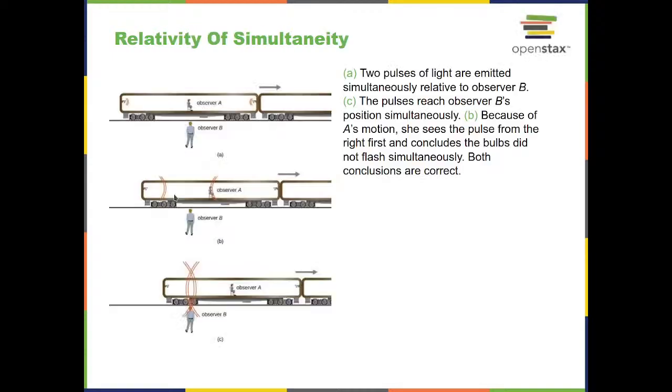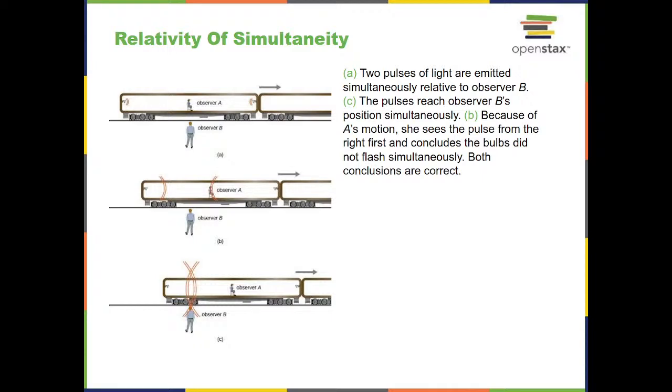So observer A says, well, the speed of light in vacuum, let's assume that this person is in vacuum, which is of course not realistic, doesn't depend on the direction, or on the inertial reference frame. So the speed of light must be the same for the light that is emitted from the back as for the light that's emitted from the front. And so observer A must conclude that, because she's in the middle of the train, the light was not emitted at the same time.